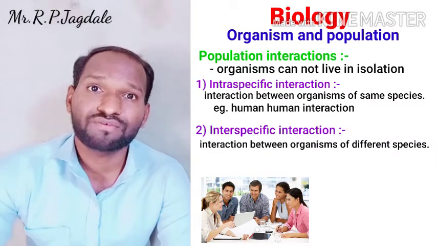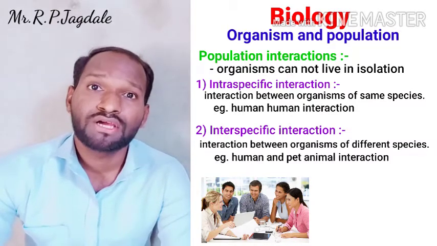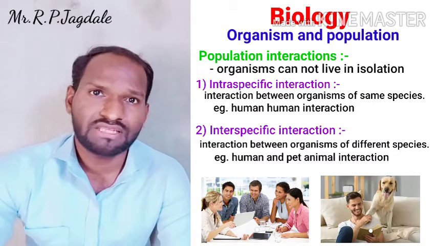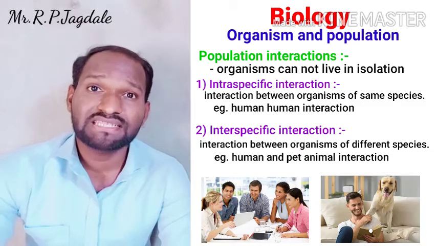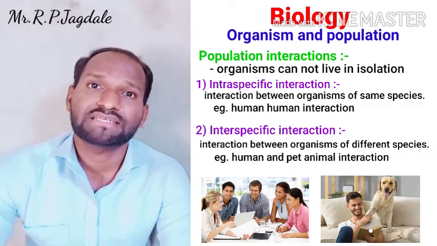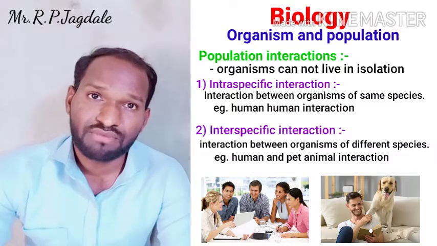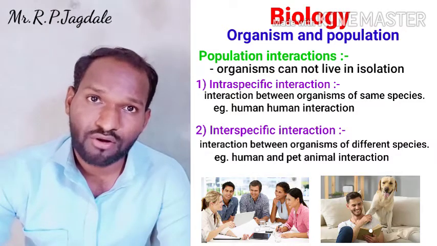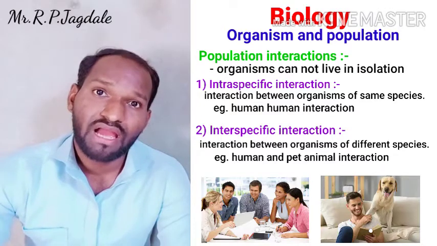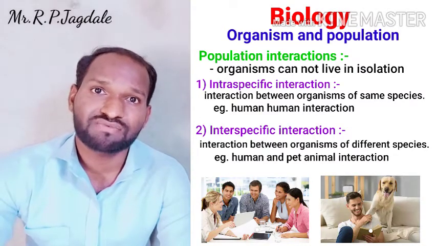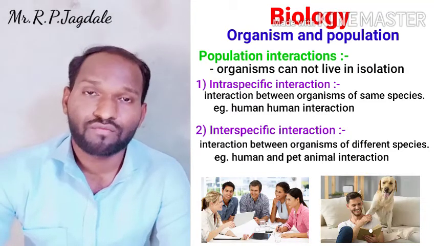For example, take humans and dogs, or all the pet animals. These types of interactions are called interspecific interactions. So the interaction may be between the same species, called intraspecific, or between different species, called interspecific interactions.